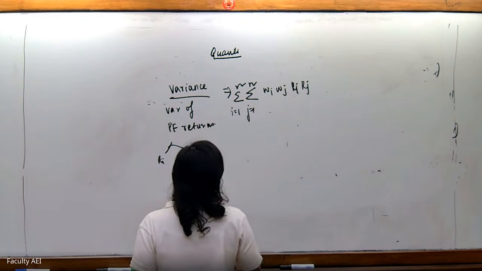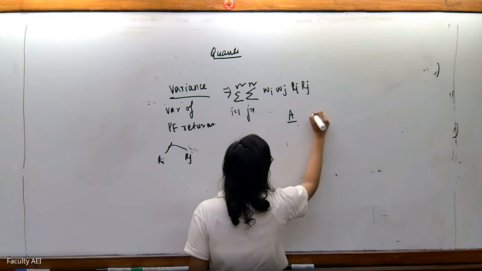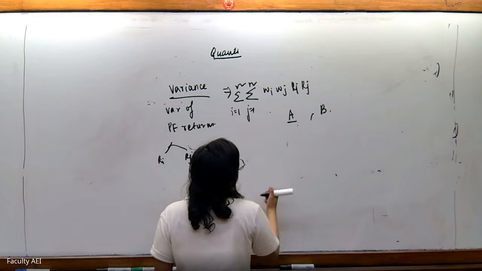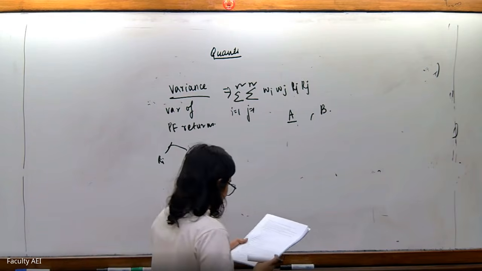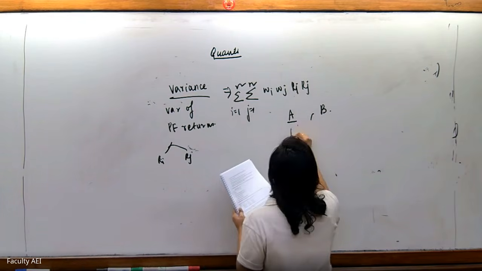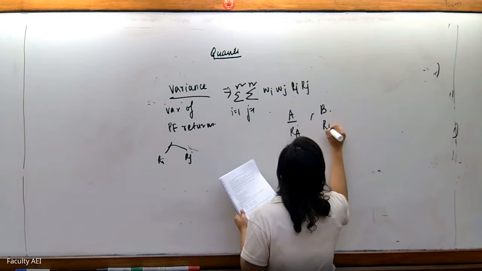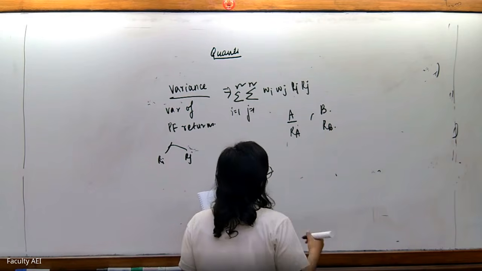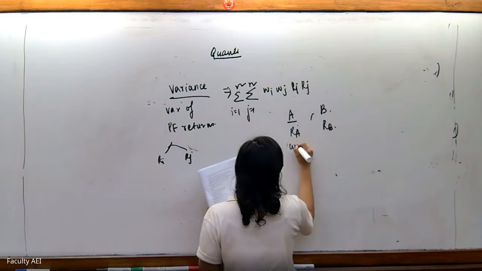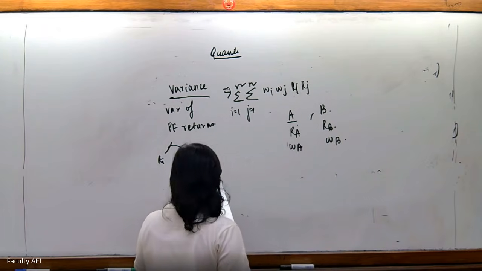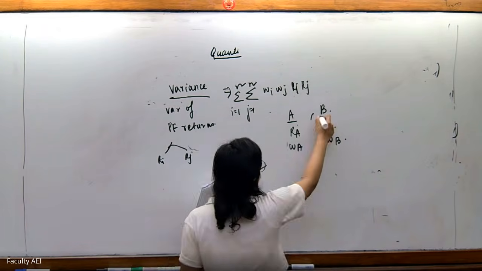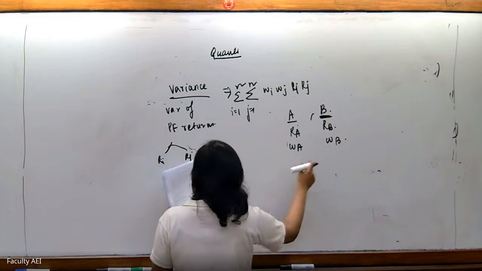What does this mean? Let's say you have two assets A and B, so you will have two types of returns, RA and RB. You will have a certain amount invested in A, weight WA, and a certain composition in asset B, which would be WB.